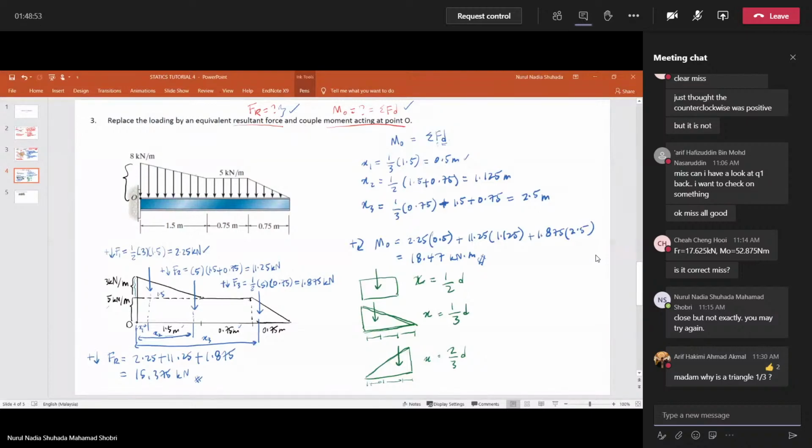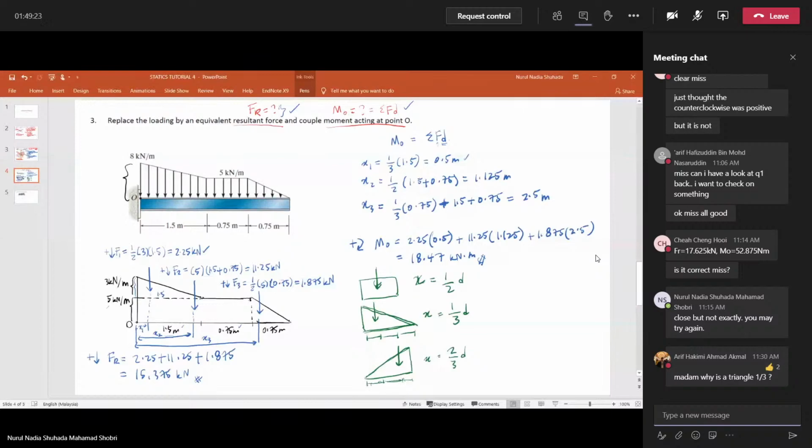So this is the formula because of the position where the force is concentrated. For the rectangle it is at the center, so it will be 1/2. For this kind of triangle, it's the first 1/3, and for this kind of triangle it's the first 2/3 here, so it's 2/3.